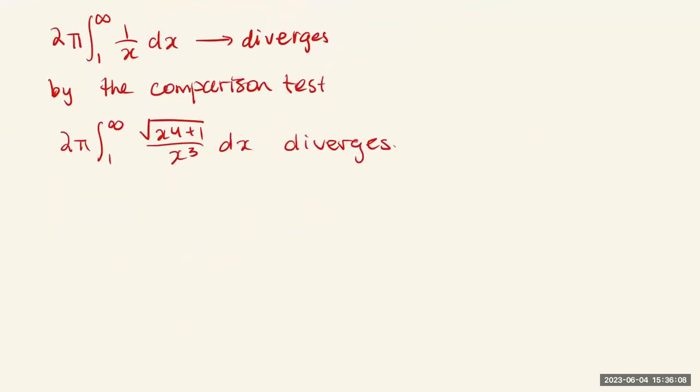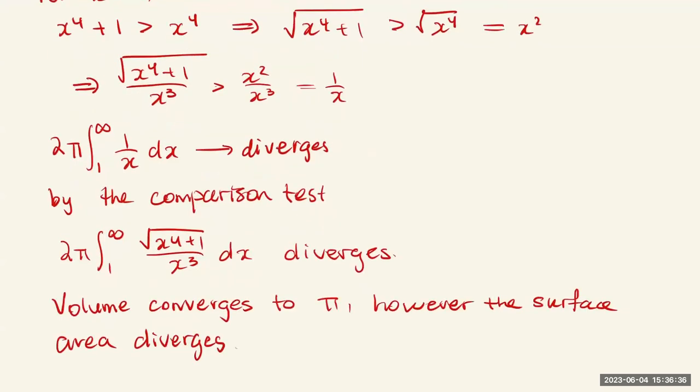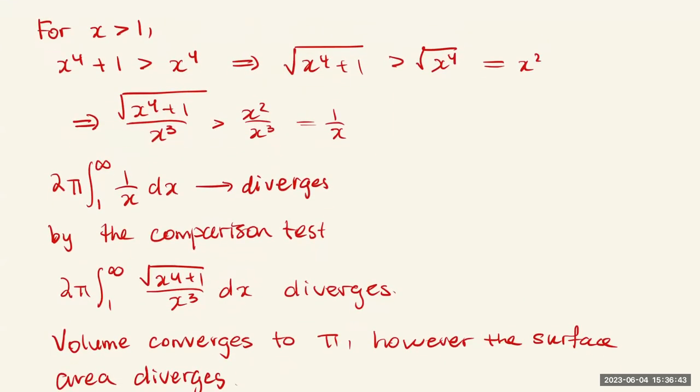Well, we found that the volume converges to pi. However, the surface area diverges. So that's the cool thing about Gabriel's horn. You'll get a finite volume, but you cannot find a finite area. So that's the point of Gabriel's horn in this case.